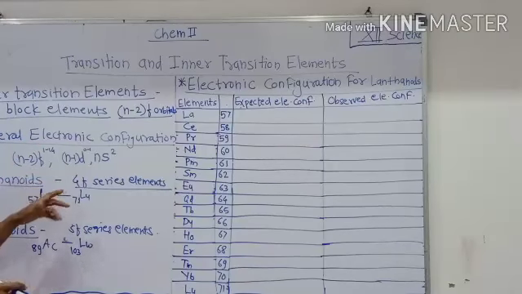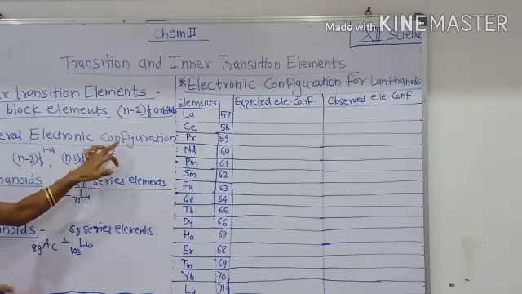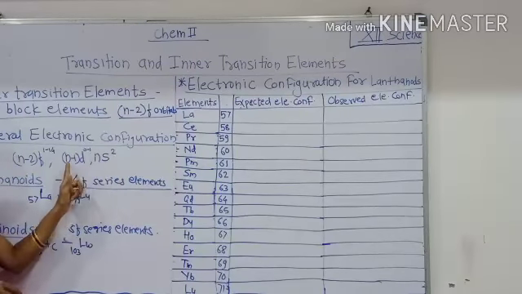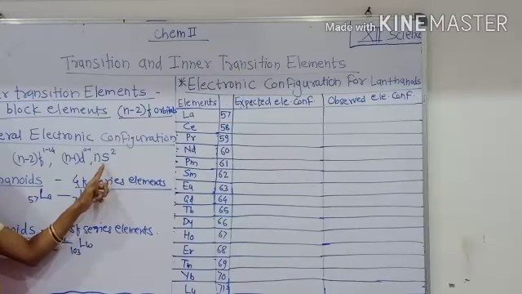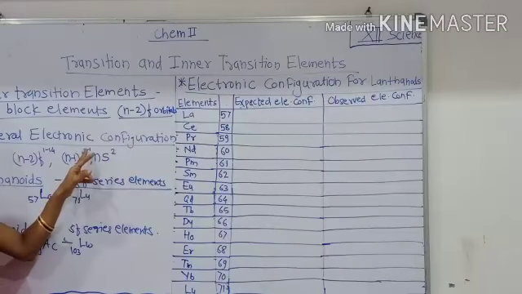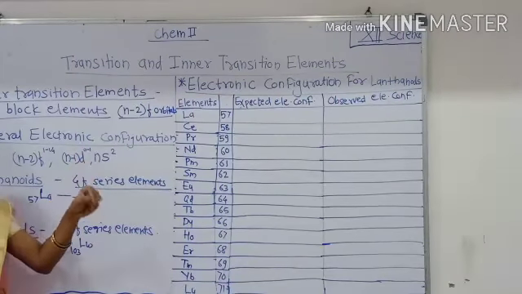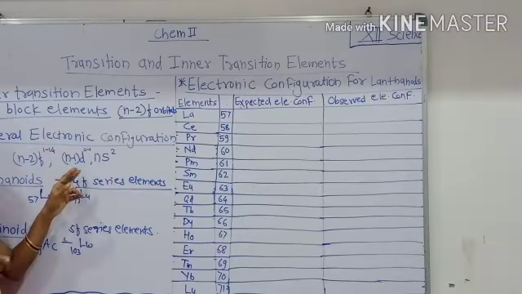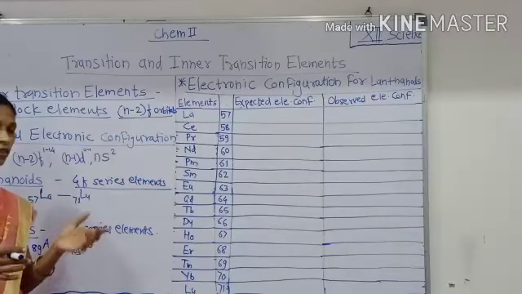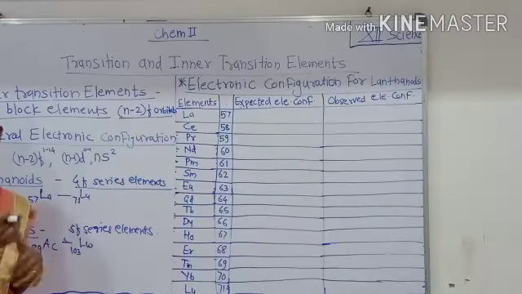Generally, the valence electronic configuration for all inner transition elements is ns2, (n-1)d 0 or 1, sometimes exceptionally 2 electrons, and (n-2)f 1 to 14 electrons, where the (n-2)f orbital is gradually filled up.